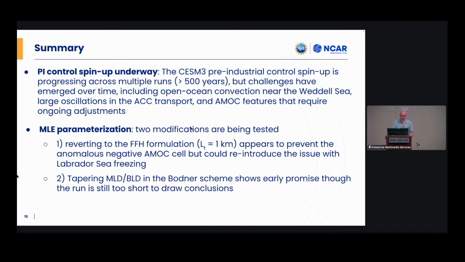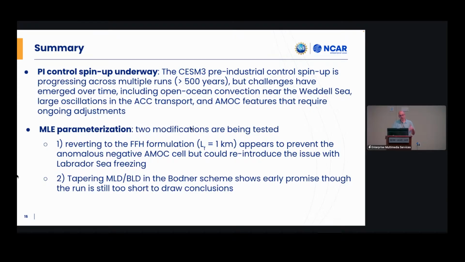We are trying to tackle both of these problems with the MLE parameterization by reverting back to an old formulation and also tapering the boundary depth and mixed layer depths in the latest scheme by Bodmer et al. Again, the FFH is freezing.